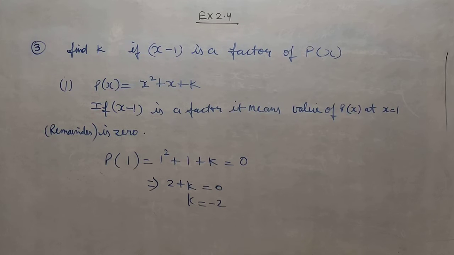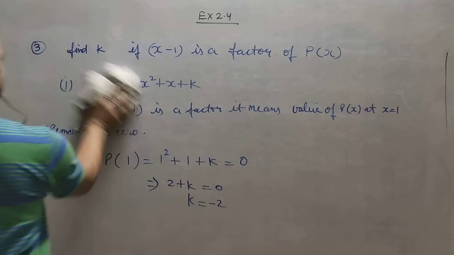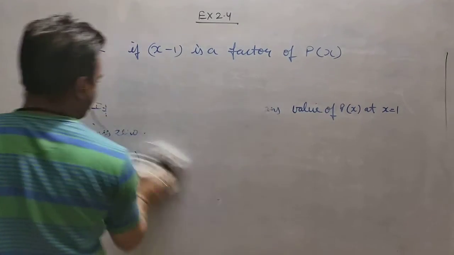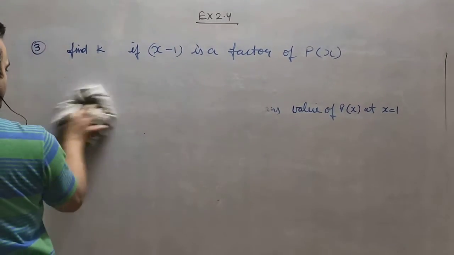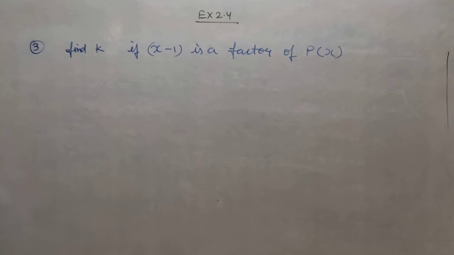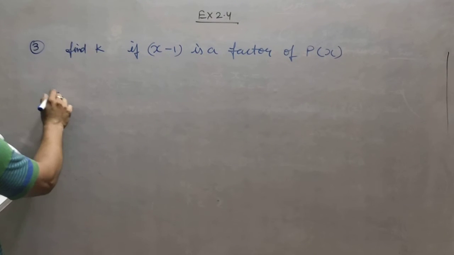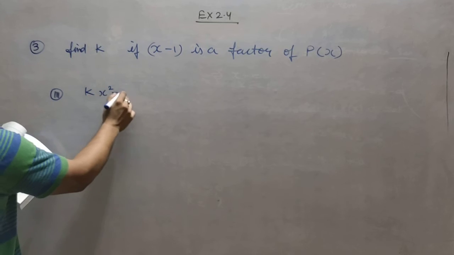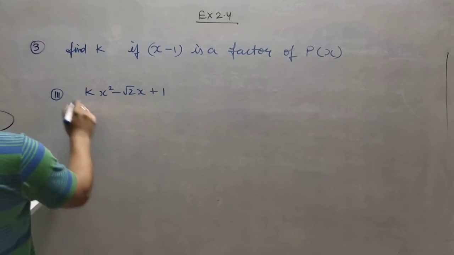So this is the third question, and other parts you can do like this. Okay, I am doing one more which is related to square root. Now the polynomial is kx square minus root 2x plus 1.